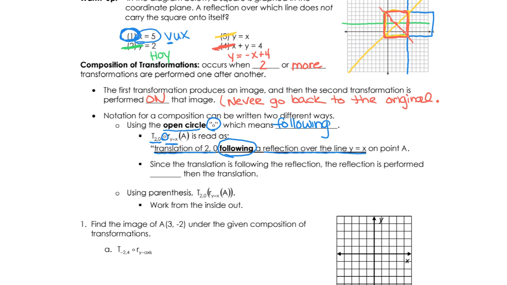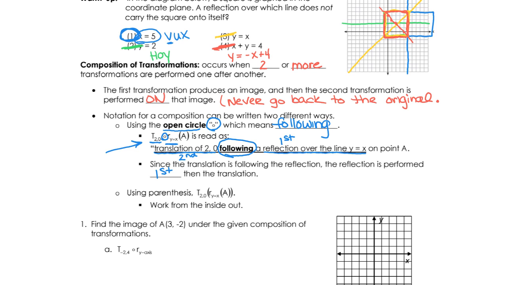And so if the translation is following, the reflection is going to go first, and then the translation will be done secondly. So since the translation is following, the reflection is performed first, then the translation.